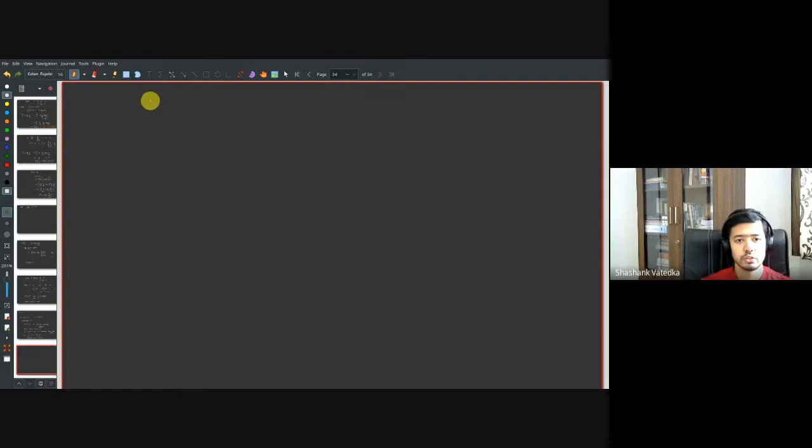So the joint entropy of a sequence, H(X1, X2 up to Xn), this is the total information content. This is always less than or equal to H(X1) plus H(X2) up to H(Xn).